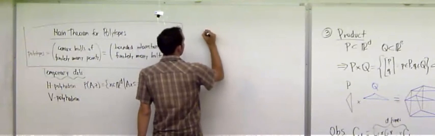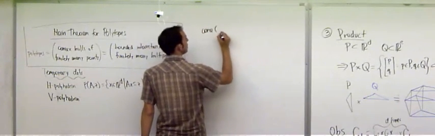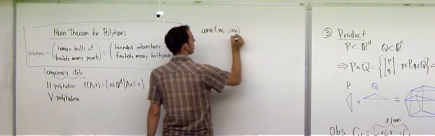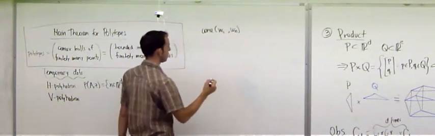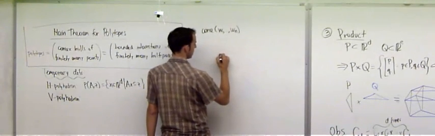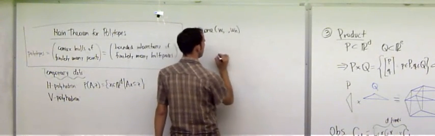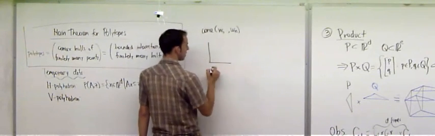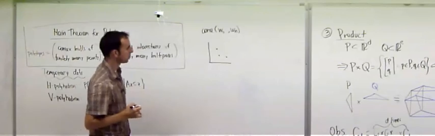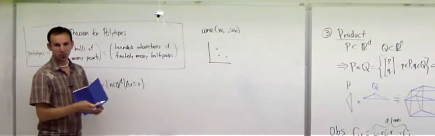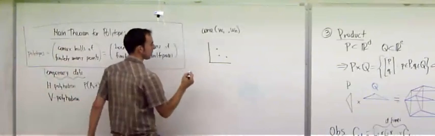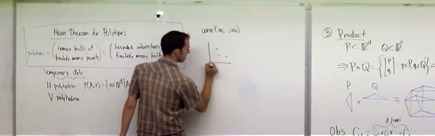But let me define what a cone is. So when I say something like cone of a bunch of vectors, what I mean is, let's say that we're in R^2, so here I have a bunch of vectors, W1, W2, W3, and the cone is basically going to be what you think of as the cone starting at the origin and going out to these guys. Okay? So it's basically this thing over here.